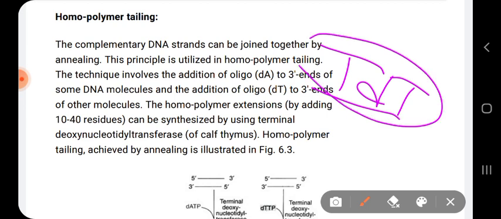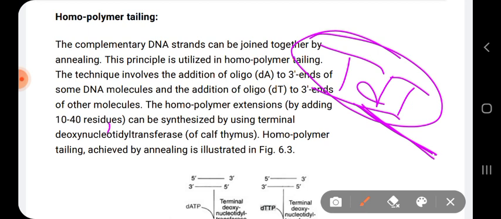So it extends the 3' end, producing sticky ends. This reaction is normally done to produce sticky ends, protruding ends of a particular sequence.